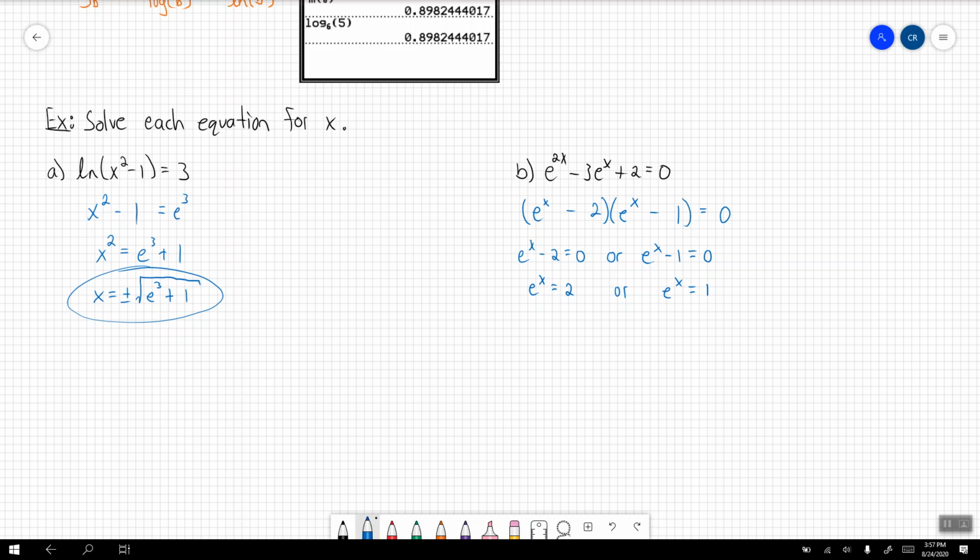Now again, we have to try to solve for x. In order to solve for x, we need to eliminate this base. That way we can get x by itself. So applying that property or that definition of logarithms, if I have this exponential, then using this base in the logarithm for the argument of 2, we now get the natural log of 2, or same thing for this equation, we now get that x is equal to the natural log of 1.